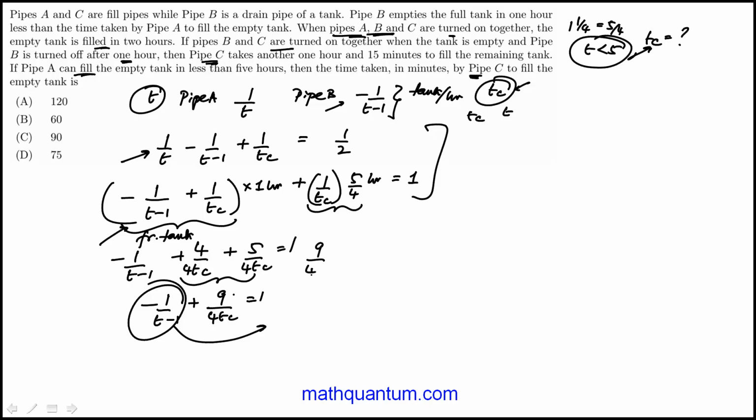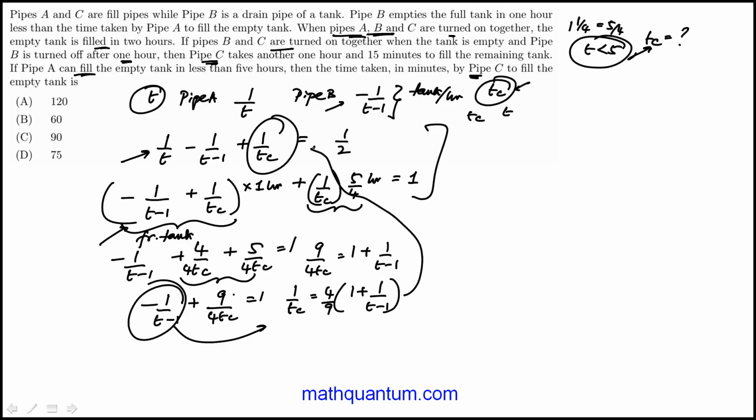So 9 over 4 t c is 1 plus 1 over t minus 1. And that means 1 over t c is 4/9. And I'll leave it at this stage, and that's where I'm going to substitute this piece here. That way, we end up with an equation that has just t. So you can see it requires quite a bit of algebra here.